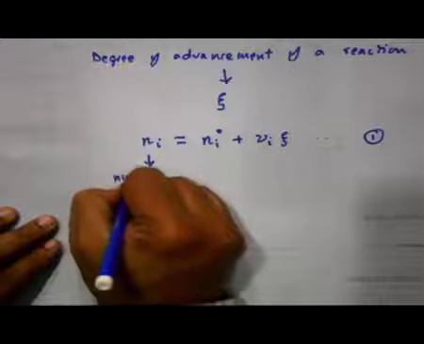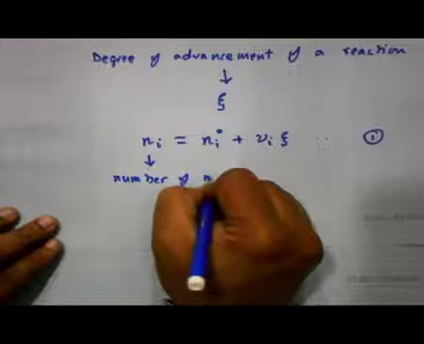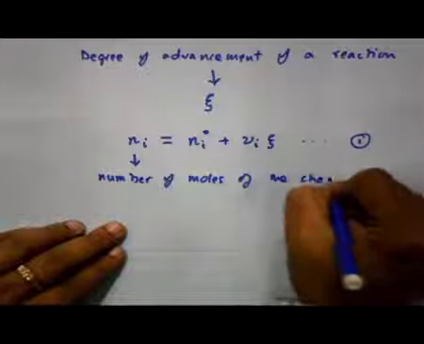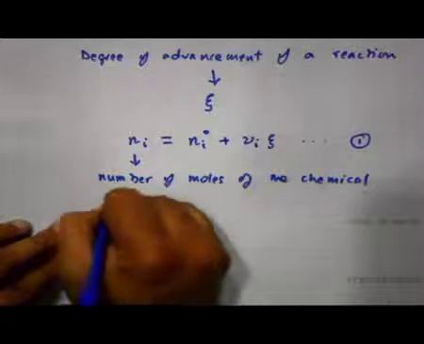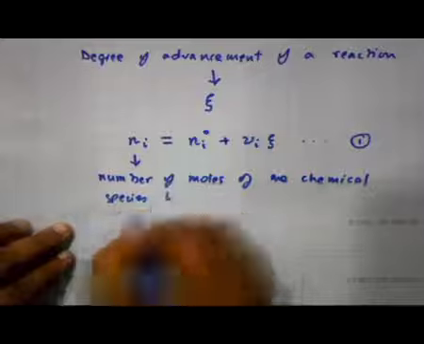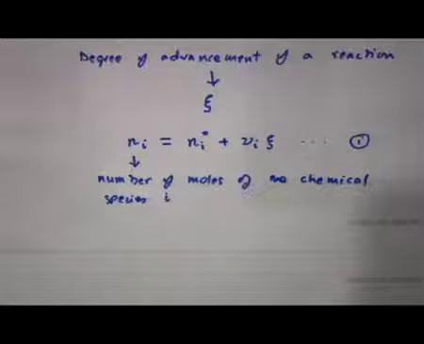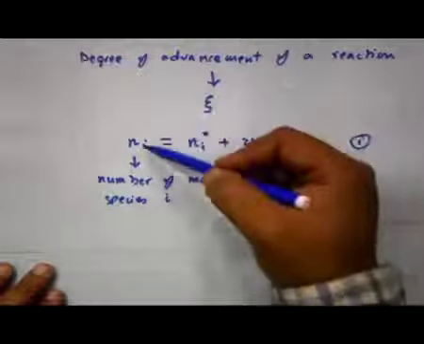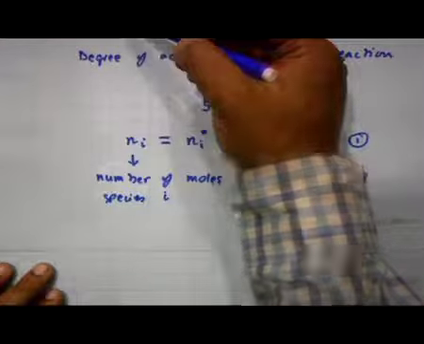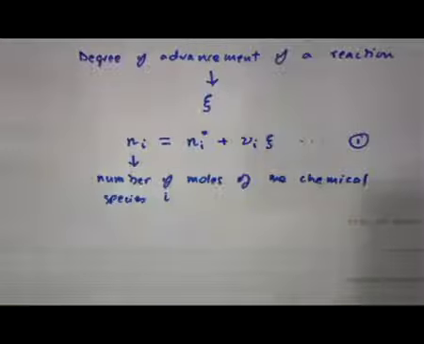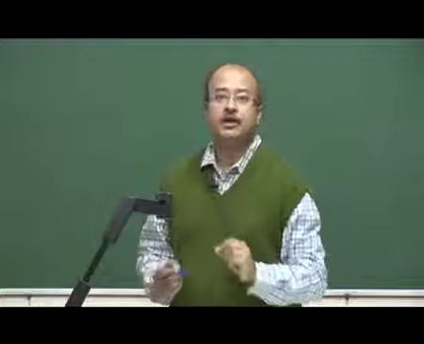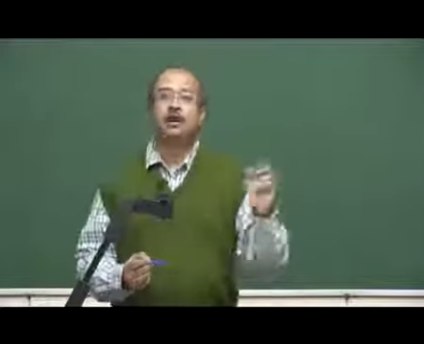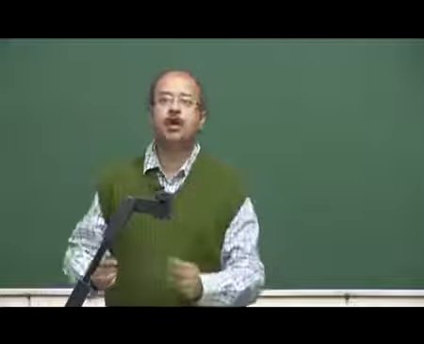It is the number of moles of the chemical species I. I will write in detail later, but just to make the connection: if this I was referring to A, then this would be n A, the number of moles of A. So n I is the number of moles of the reactant or product represented by that I, A, B being the reactants or P, Q being the products.